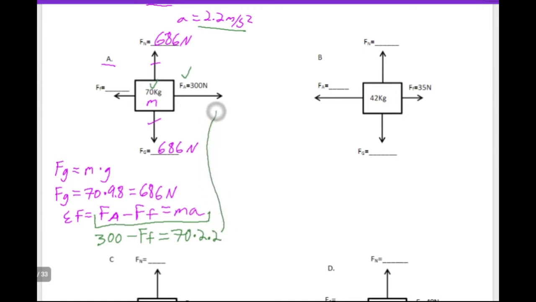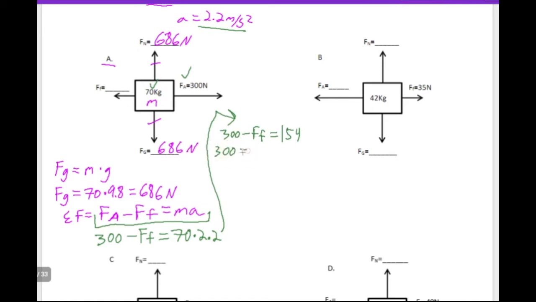I'm going to go ahead and simplify all this stuff up here. 300 minus force friction is still 300 minus force friction. 70 times 2.2 is 154. Now, all I have to do is solve for force friction. To do that, I'm going to add force friction to the other side.